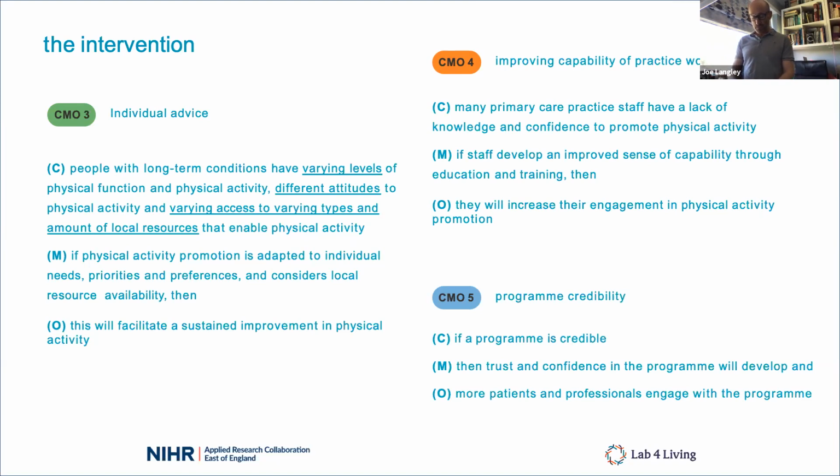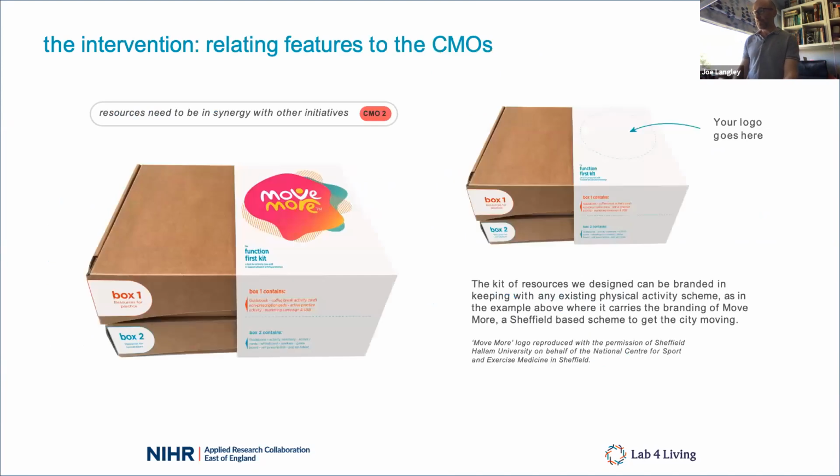We separated out C, M, and O cards, and people were playing with those cards as well, again arranging, or trying to arrange, various different versions or forms of context mechanism outcome statements in this same way, trying to enrich their understanding of what made sense and what didn't in the context of their experiences.